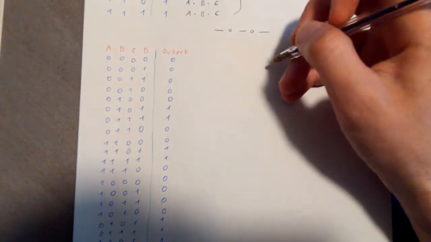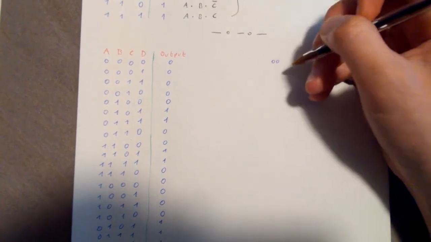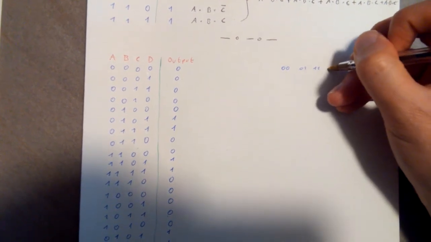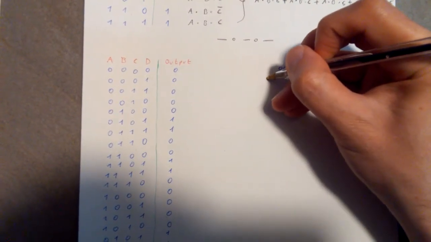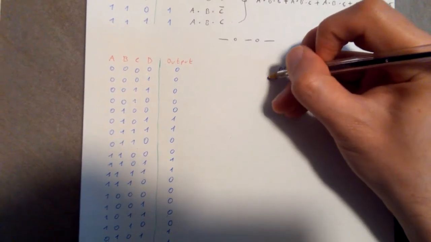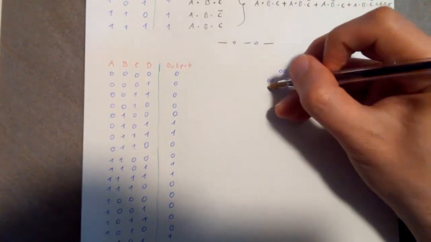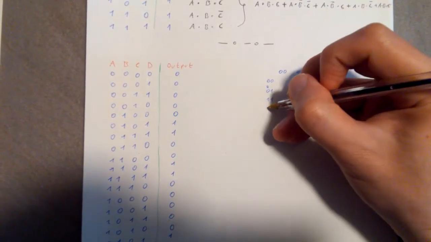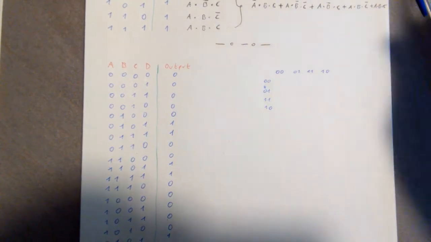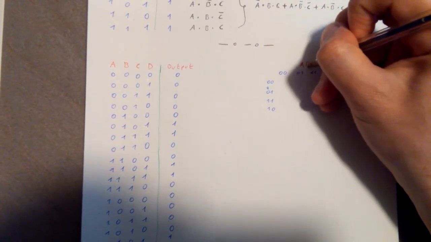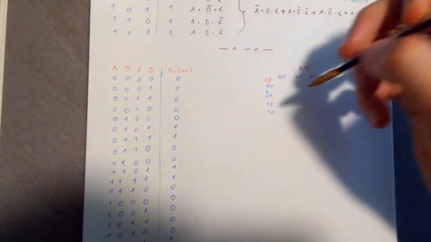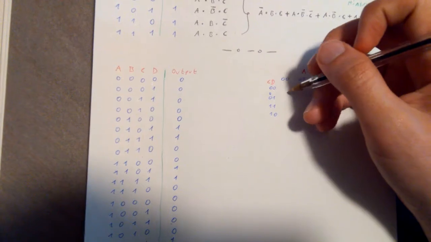If we say that this axis is 0, 0, 0, 1, 1, 1, 1, 0, and here we have the same thing, 0, 0, 0, 1, 1, 1, 1, 0, and say that in this case we have AB, and here we have CD, we can build our map according to this.